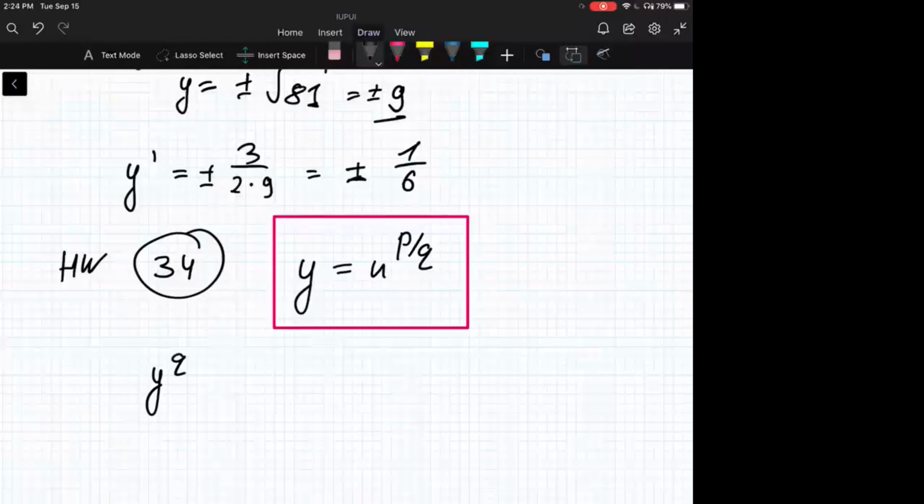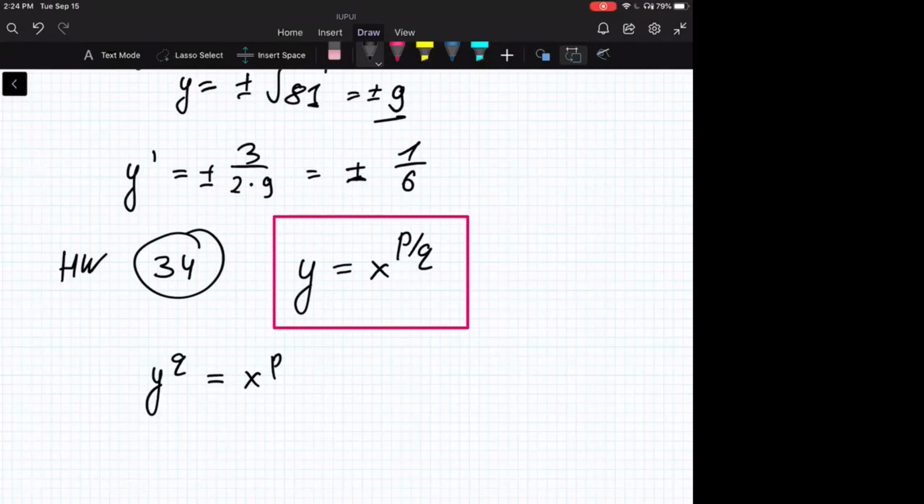So what I'm saying, y to the power q will be u to the power p. I don't know why they used u, but we can use x. Maybe it's x to the power of p. And then you need to differentiate this implicitly and express y prime.